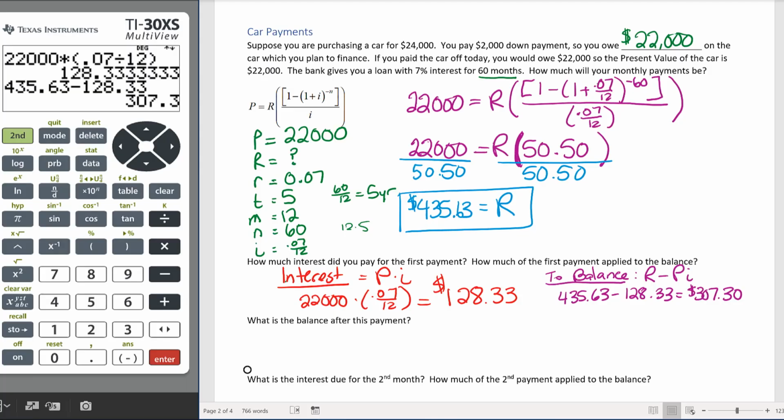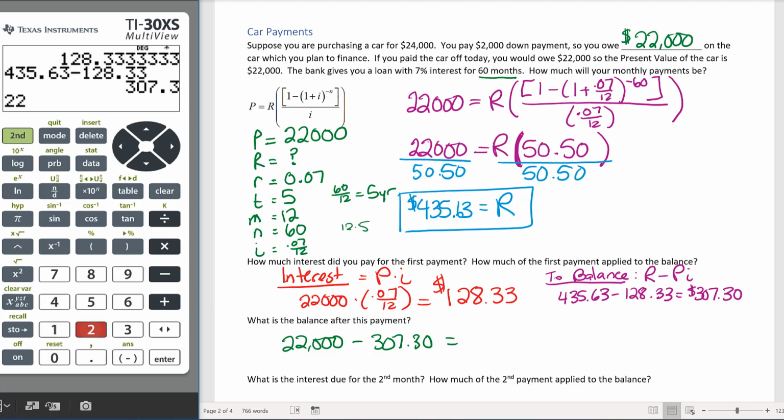So what is the balance after this payment? Well, you originally had a balance of $22,000. After you paid your $435 payment, of which $128 went straight to the bank, and only $307.30 went towards your balance.